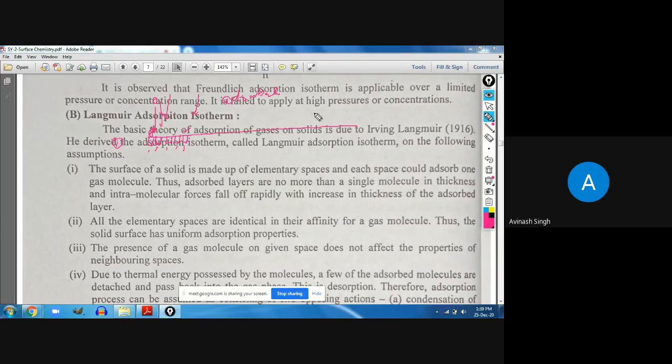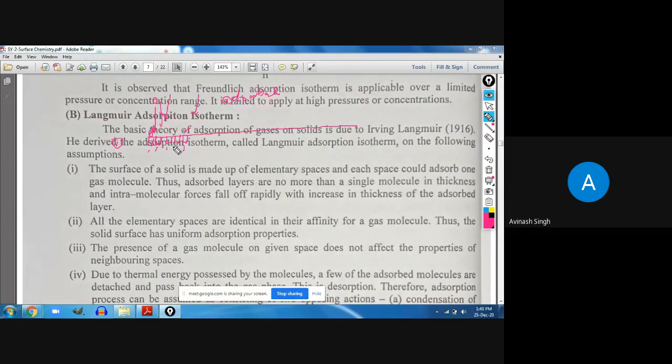And the last part is the rate of adsorption will depend on free spaces. Do you accept this? The more free spaces there are, the more adsorption there will be. If the spaces are occupied, adsorption will be less.